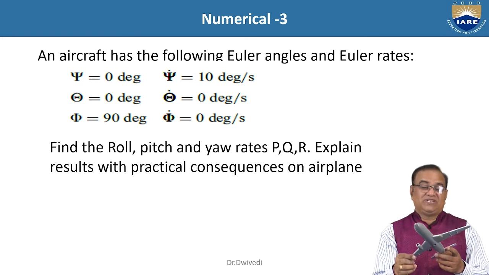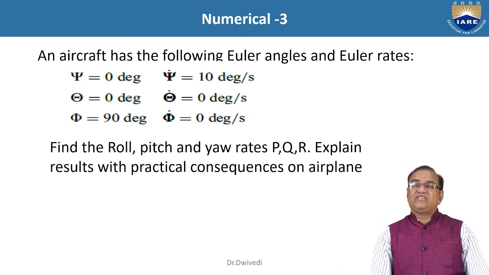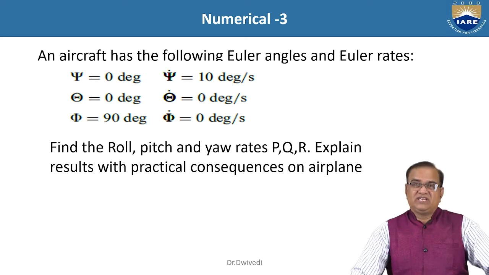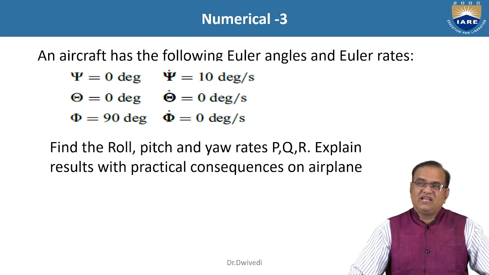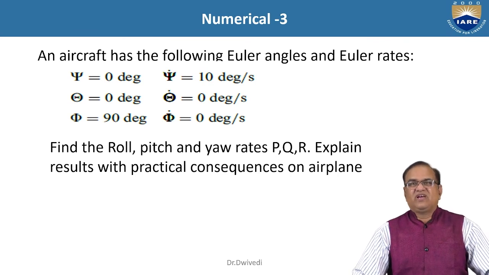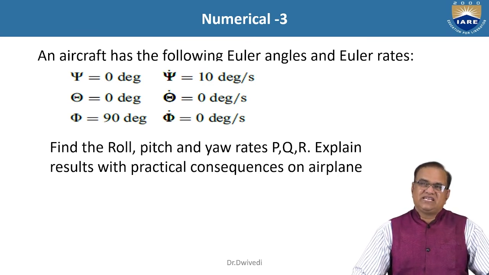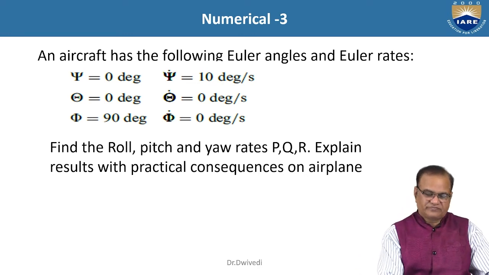Okay, phi should be the last. So in this sequence you have to do it, and these angles, psi, theta and phi, are called the Euler angles, and these angles are very useful to determine the position of the aircraft with respect to the necessary conditions.